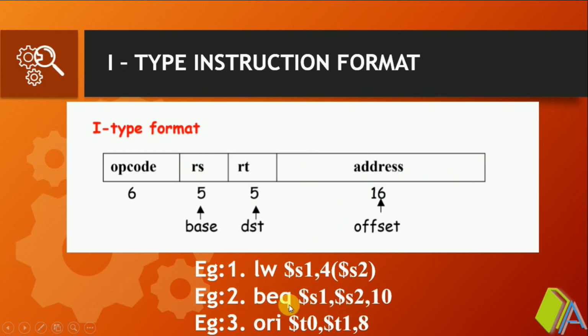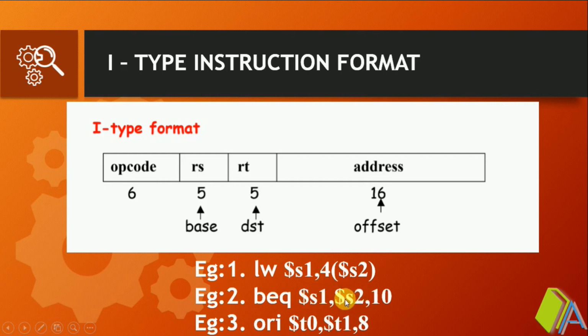Now in the second instruction, it is a very important thing. Here I don't have any destination register. As per the instruction, I have to compare S1 and S2. If both are equal, I have to go to this particular address. This is the meaning of this instruction. I don't have any destination register here.